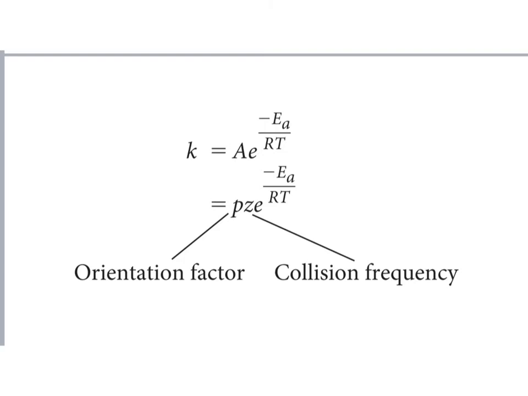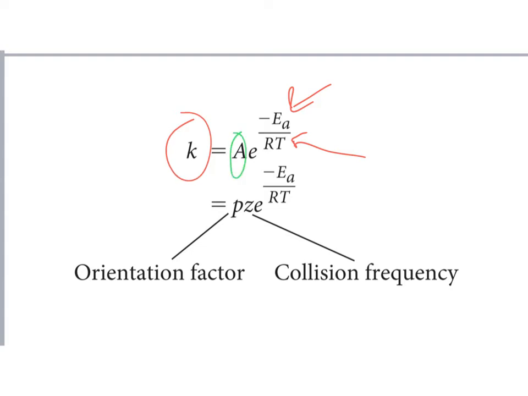In the Arrhenius equation, there's temperature, and that temperature influences the rate constant k. You also have activation energy influencing that. You also have this factor of A. I mentioned that a little bit earlier.